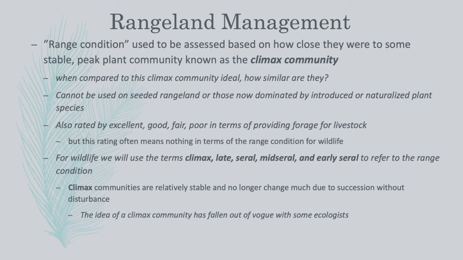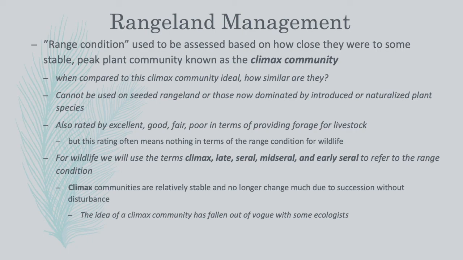And the problem with this approach is that it cannot be used on seeded rangeland, so if we've planted for plant diversity, and it also can't be used on those that are now dominated by introduced or naturalized plant species, like smooth brome, which is an exotic introduced species, but it's now sort of naturalized in the United States. It's everywhere.